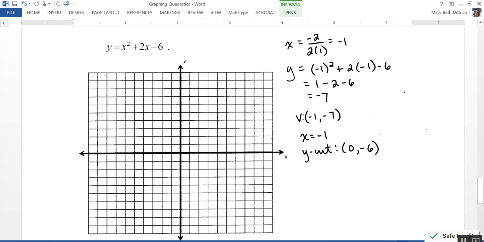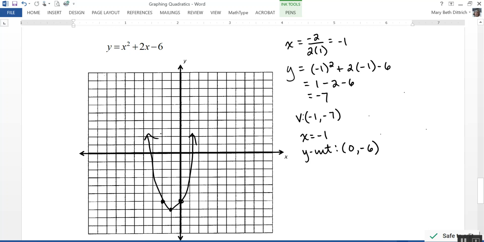Okay, so let's go ahead and graph that. So I'll graph the point negative 1, negative 7. And my y-intercept is negative 6, and I know that this is going to be symmetric, so I'll have a point over here. So my graph will go like that.